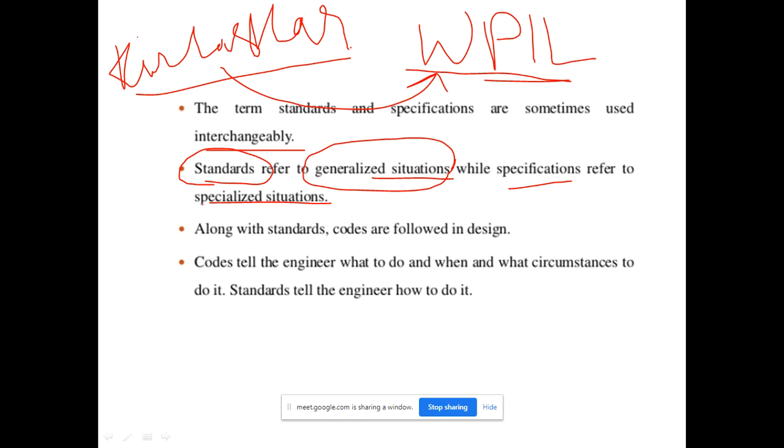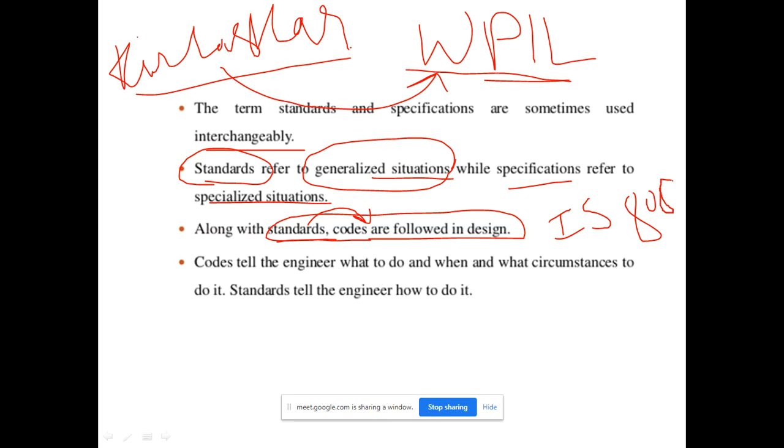Along with standards, codes are followed in design. So one important term used with standard is code. Code means we have different codes like IS, Indian Standard codes. Certainly there are codes like IS 8085 and IS 3589. These are piping codes. You may not know that, but I am telling you.